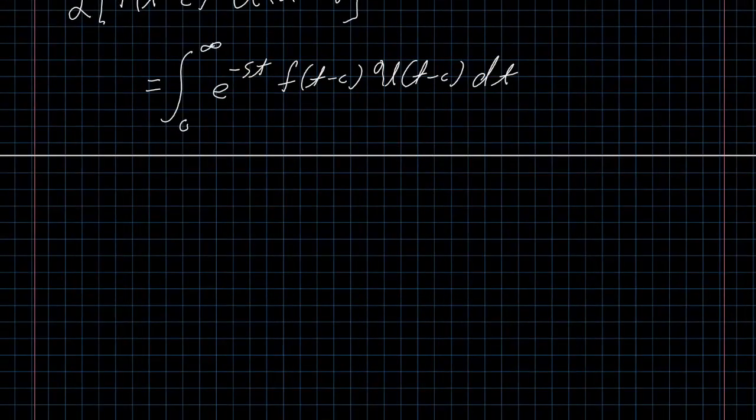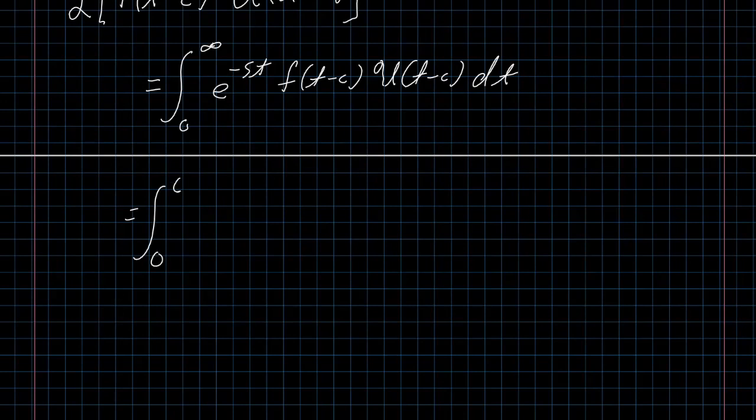You've seen in calculus that whenever you want to evaluate an integral on a piecewise defined function, you need to split the integral up and look at each piece separately. So my function u splits when t is equal to c.